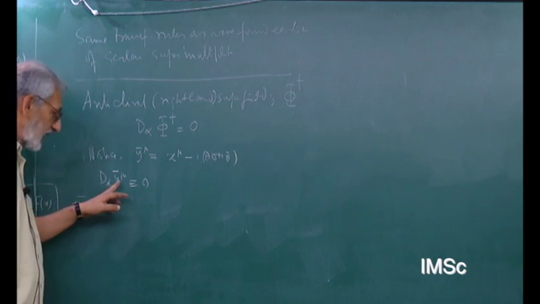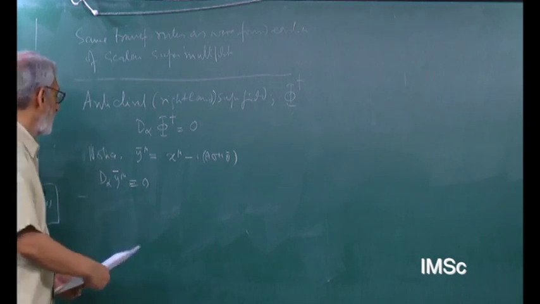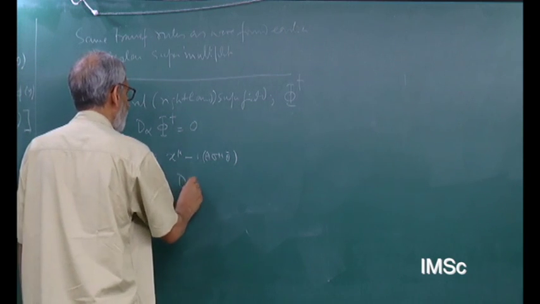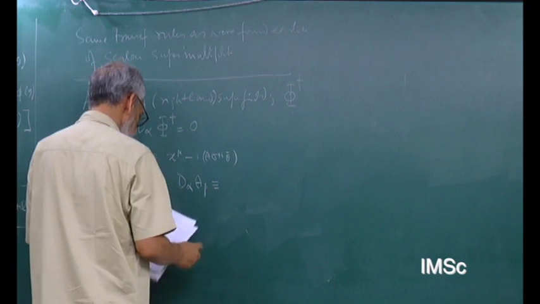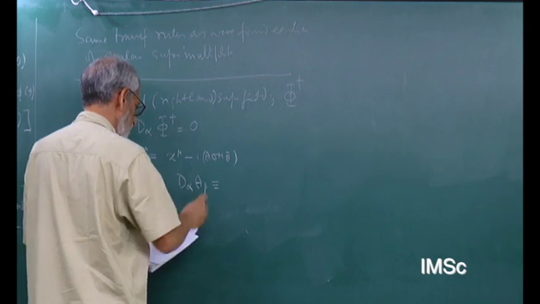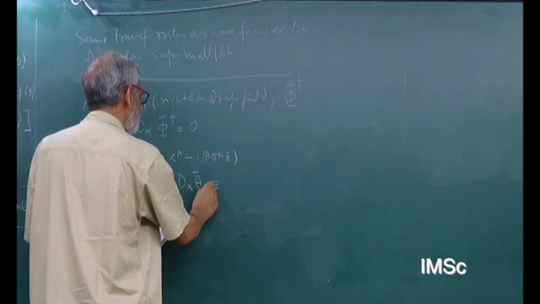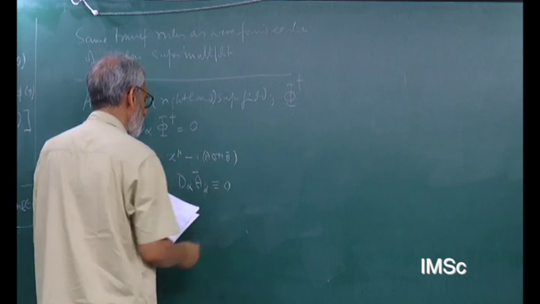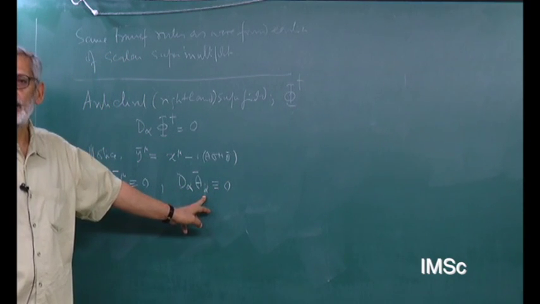Now d unbarred acting on y bar is exactly 0.